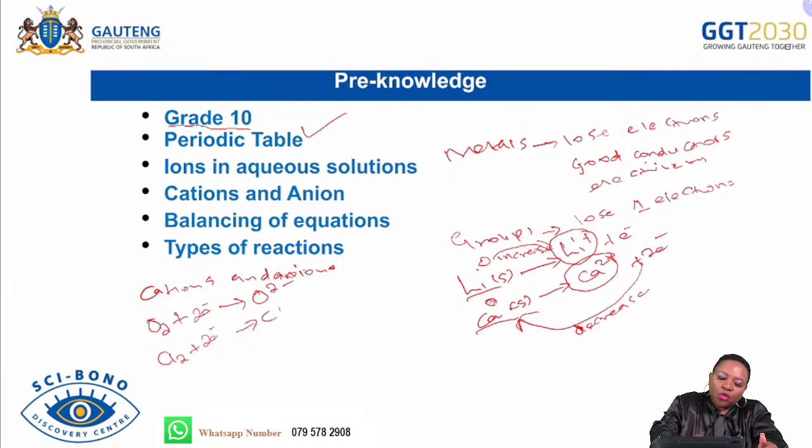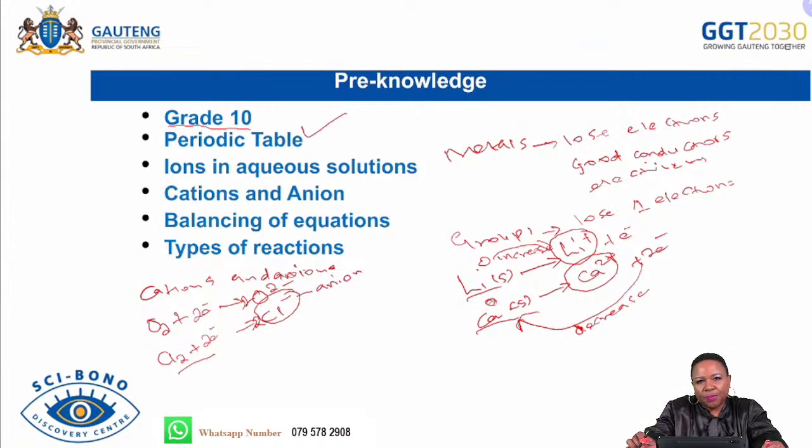Therefore, this one will form a chloride ion. If we balance, we can put 2 here. So these elements will lose or gain electrons to form ions. These ones, as they are gaining electrons, form negative ions. And we agree that negative ions are referred to as anions. Therefore, a chloride ion is an anion, an oxide ion is an anion.